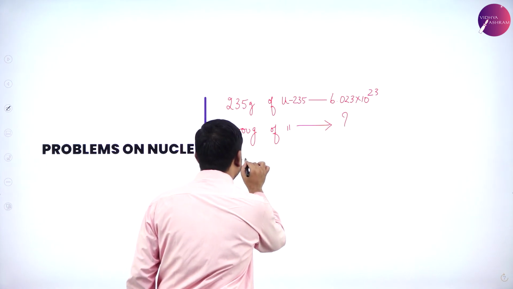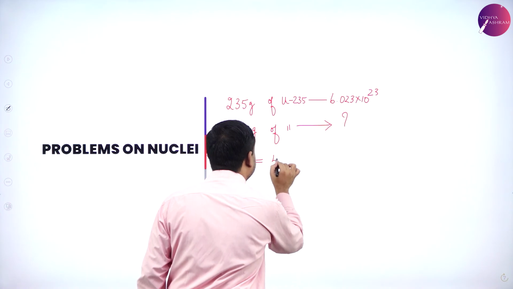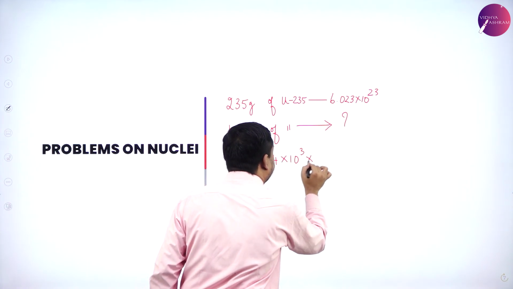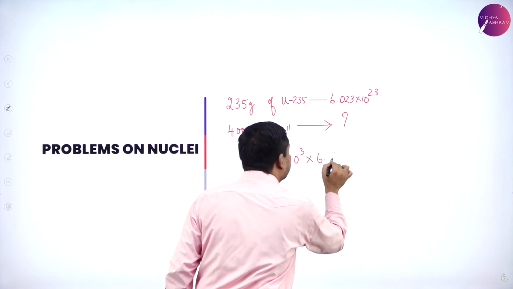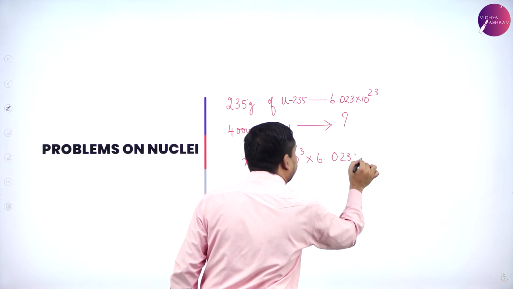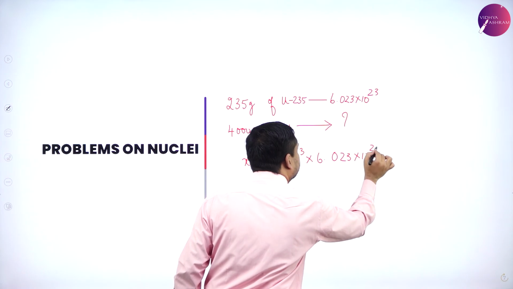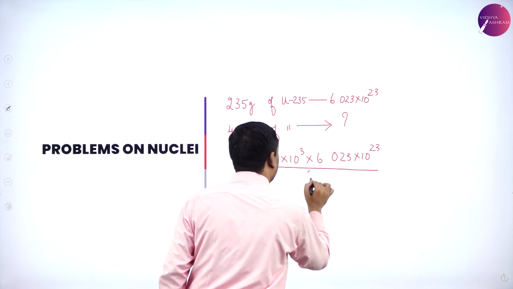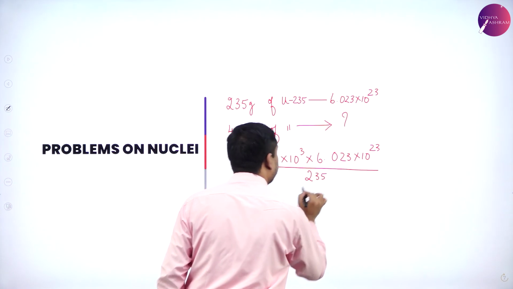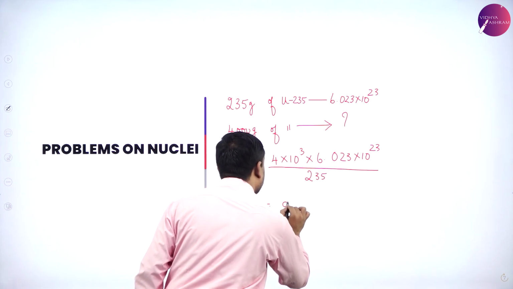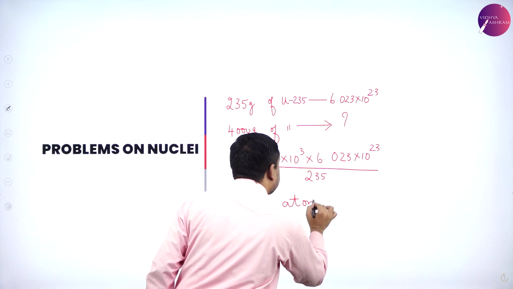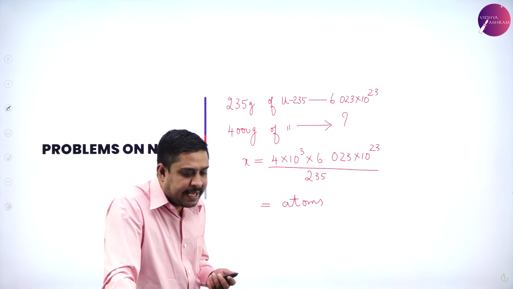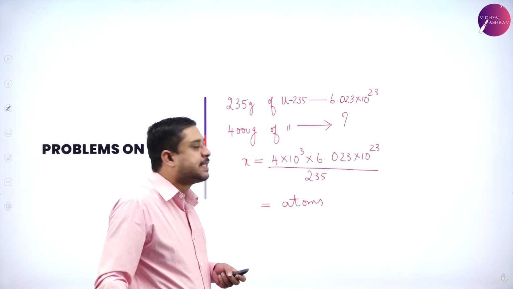Which means X is 4 into 10 power 3 into 6.023 into 10 power 23 divided by 235. We have so many atoms. So I have calculated the number of atoms in the sample.